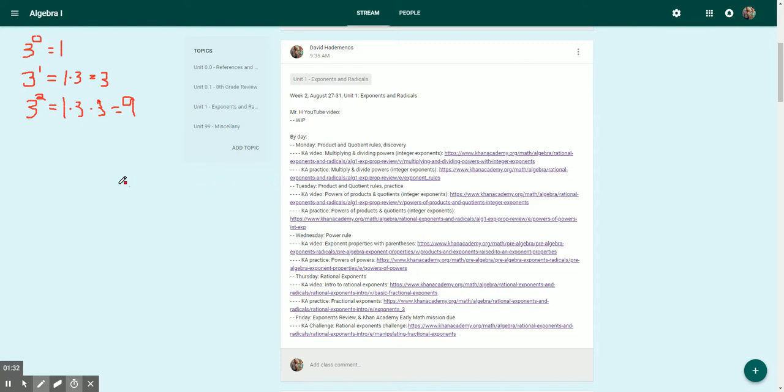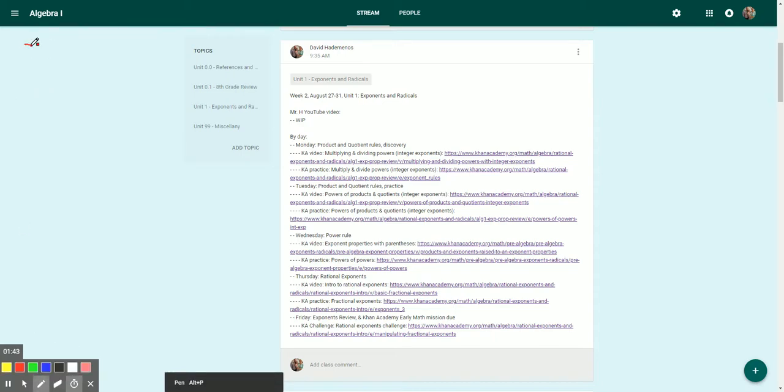So for the product rule, let's go ahead and back this up into variables. So if we have a to the 0th power, this is 1 times no a's, so it's just 1.